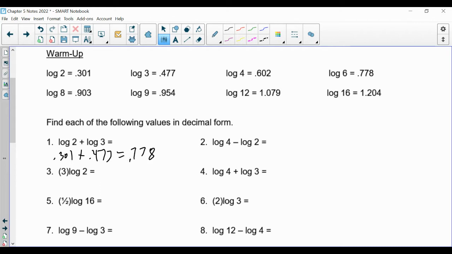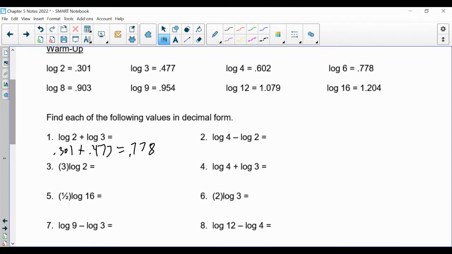So try your best, and go ahead and do all of the operations here with the different logs. Pause the video, come back to it, and we'll go over the answers and then maybe see if you notice any patterns here. So yeah, pause the video and try it out.